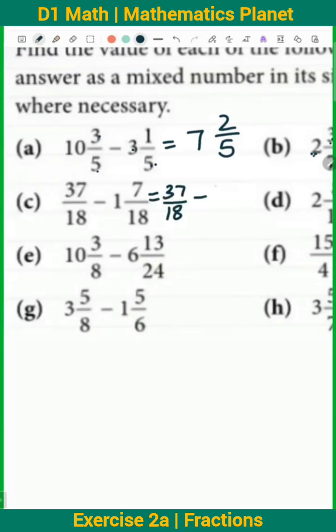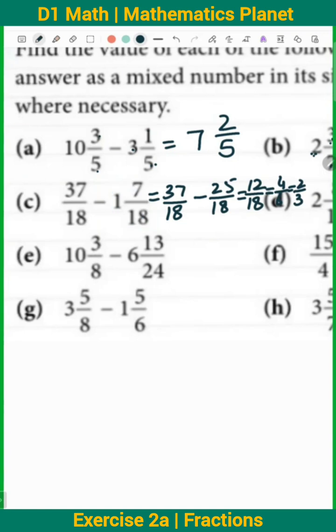So you can just convert the second part into the improper fraction 25 by 18. So what will you get? 37 minus 25 is 12 by 18. And 3 times 4 is 12, 3 times 6 is 18, 2 times 2 is 4, 2 times 3 is 6. So you get 2 by 3. And you cannot convert 2 by 3 into a mixed number. Got it?